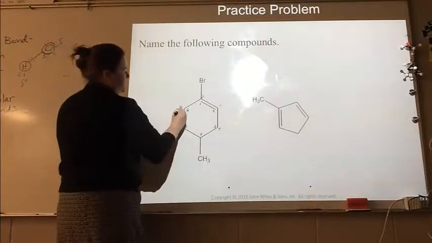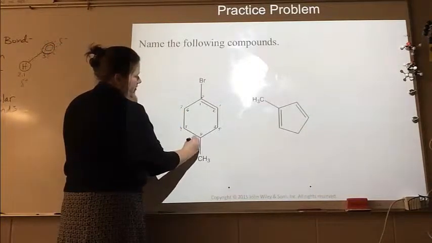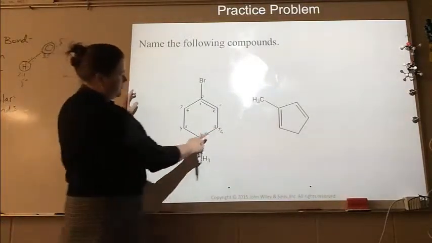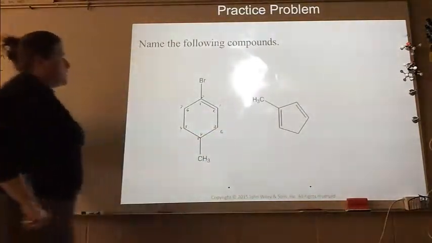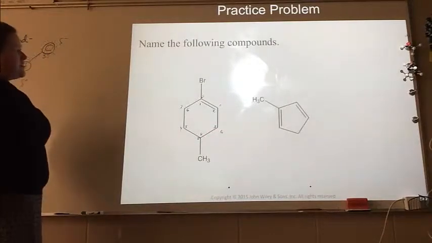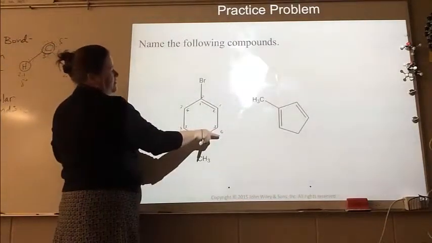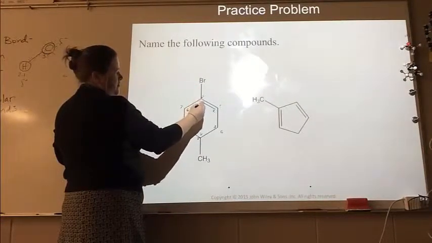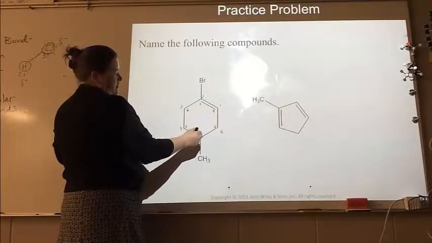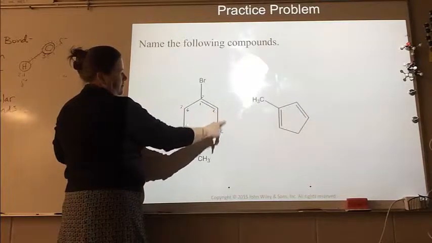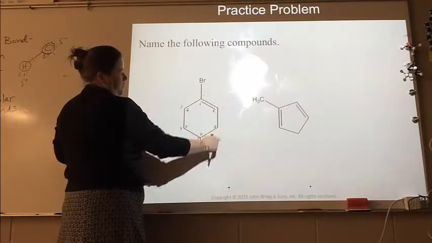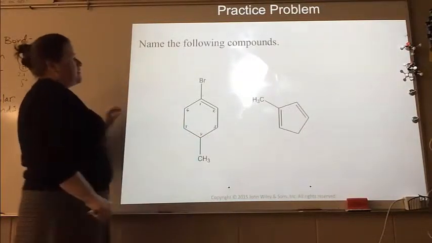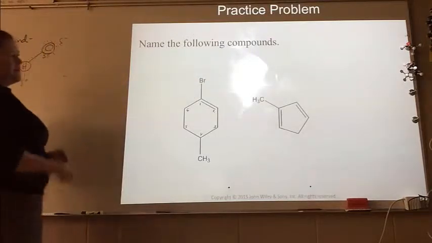So 1, 2, 3, 4, 5. So what's going to give us the lowest number is if we start numbering this way, and we will have 1 bromo, 4 methyl cyclohexene.